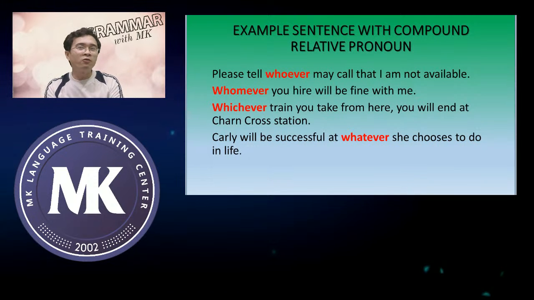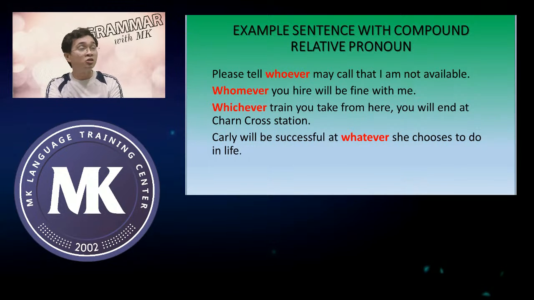And for the last one, we have, Carly will be successful at whatever she chooses to do in life. So here for Carly, maybe she is planning for her career, and people believe in her that whatever she chooses in her life, she'll become successful.